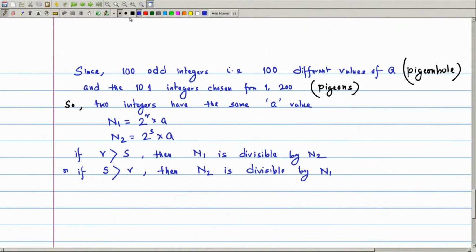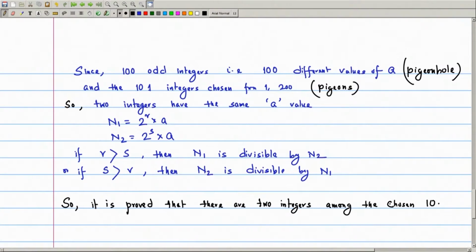So, it is proved that among the chosen 101 integers from 1 to 200 there are two integers such that one is divisible by the other.